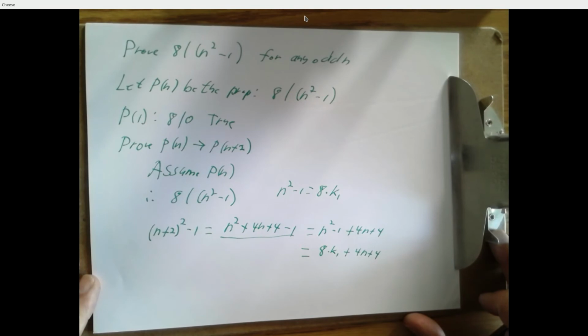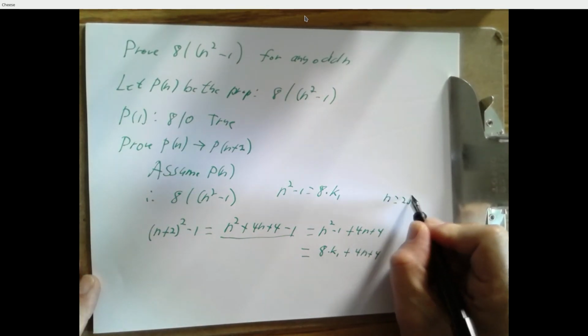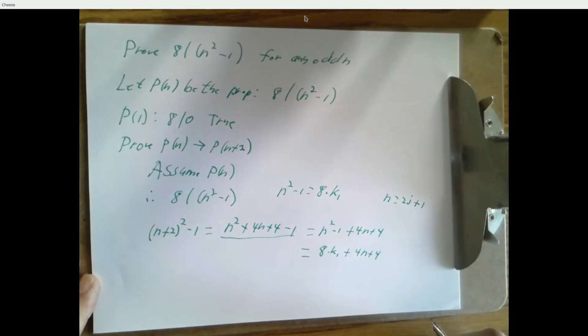And n is an odd number, so I can write n equals 2 times some j plus 1.